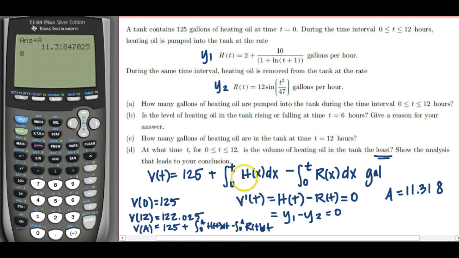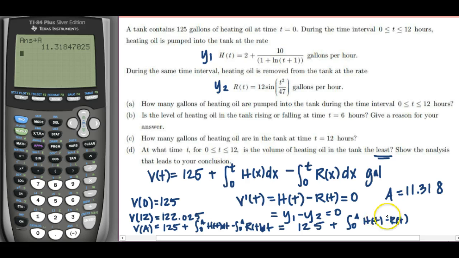But how we calculate this is how we calculated the time 12 hours in part C. We enter the whole thing into the graphing calculator all at once. Just to show you another kind of cool thing we can do, these two integrals, by our properties of definite integrals, can be thought of as the integral from 0 to A of h of t minus r of t.